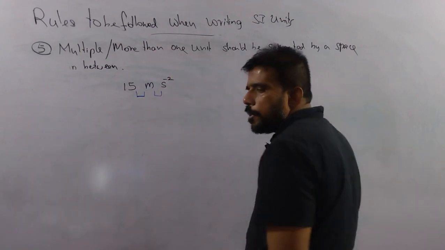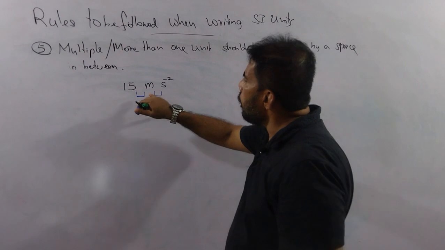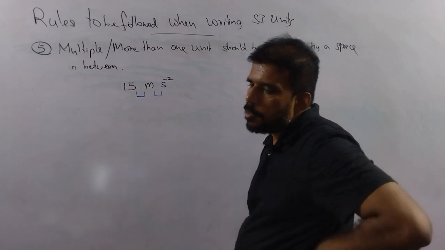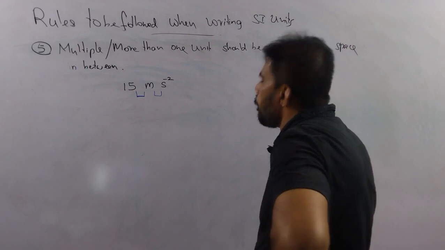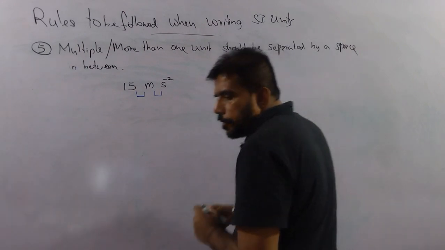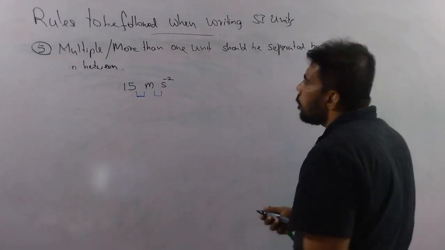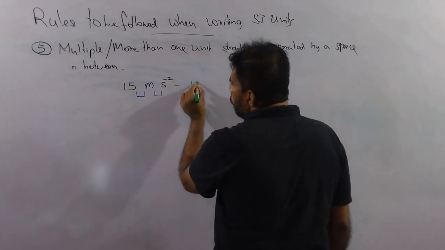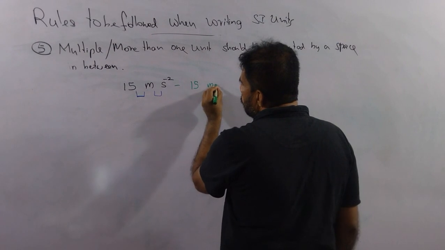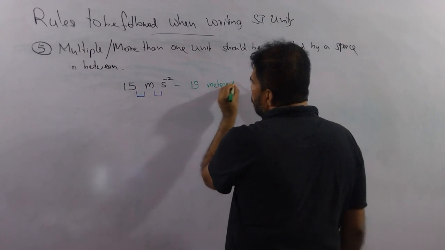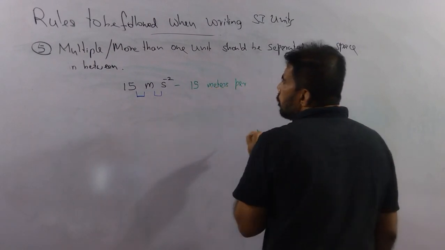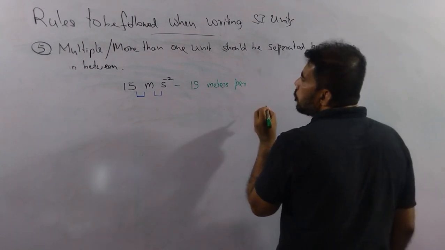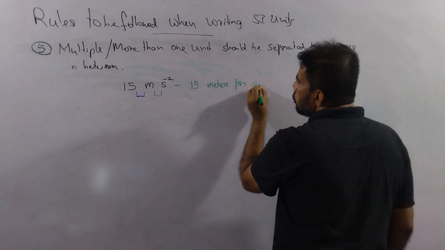Otherwise, this will be read as milliseconds if I omit this space. So the correct definition of this representation is 15 meters per square seconds.